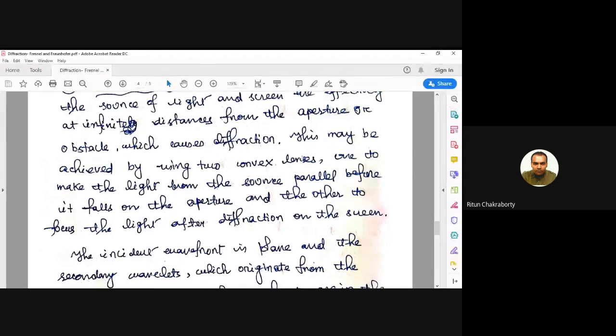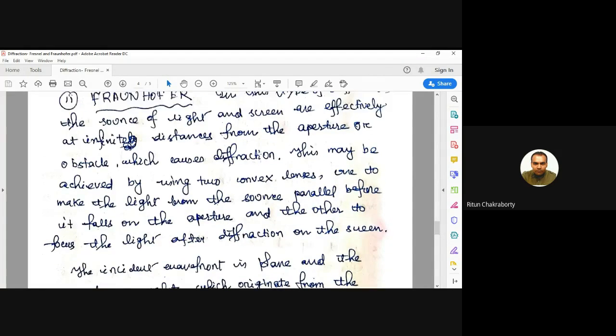At the same time, the screen is also at a very far away place, and therefore we need another lens to converge the rays of light to the screen. I will show you in the figure, it will be clear to you, but for now you just remember the definition.